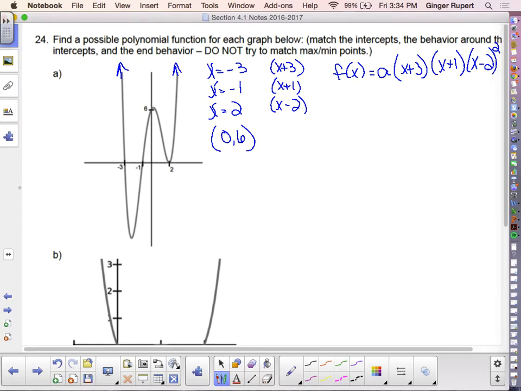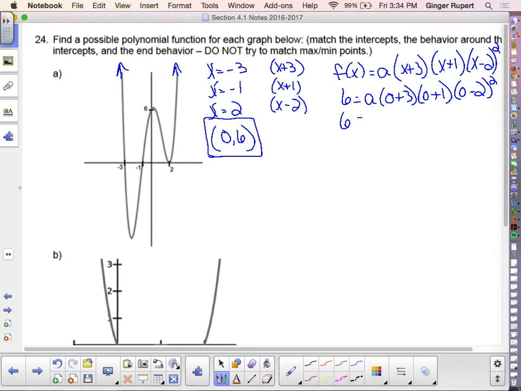I have this y-intercept, so I'll substitute that value in. 6 is equal to a times 0 plus 3, 0 plus 1, and 0 minus 2 squared. That's going to give me a value of 12.